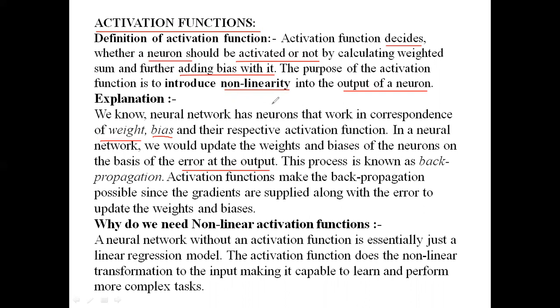Whenever we update the weights or bias values of the network or neurons to reduce the error, this is one kind of checking process, whether the network is working properly or not.